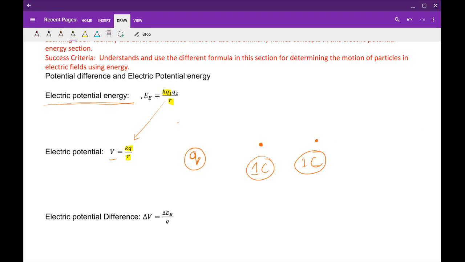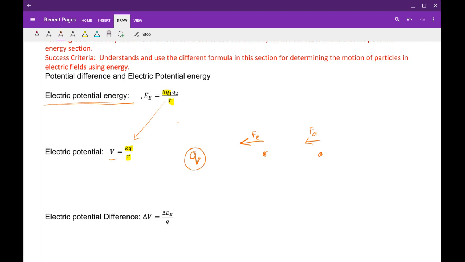And the idea is that if I have two points in space here, I've got different forces on these as well. That's force electric here and force electric here.